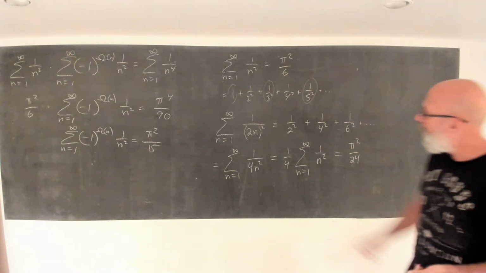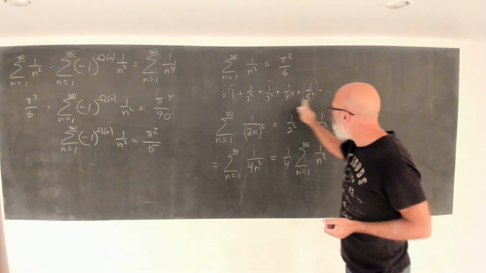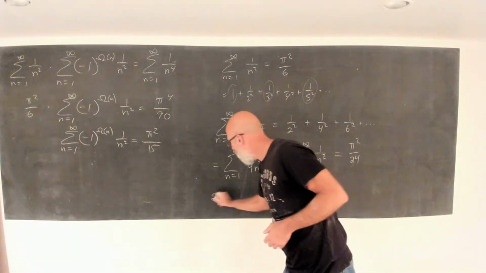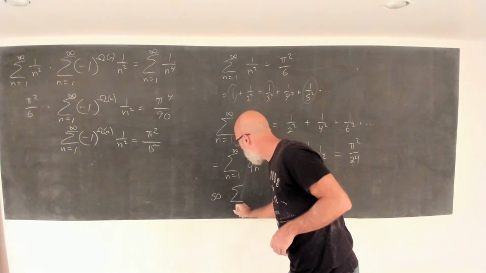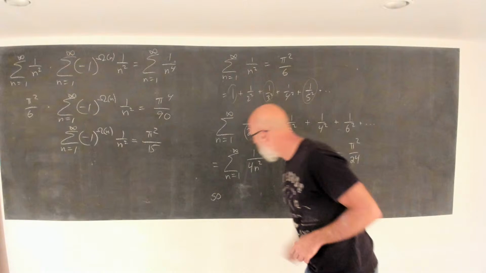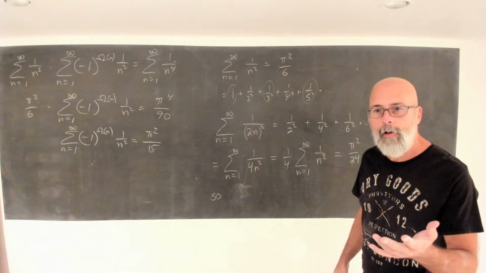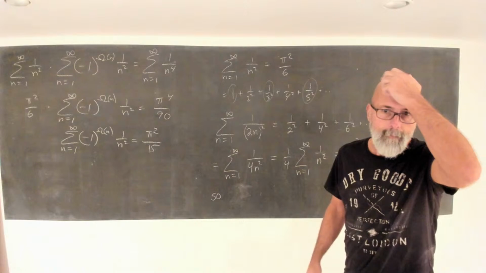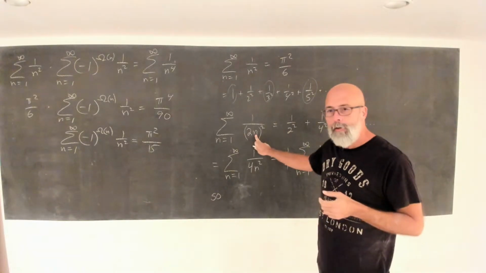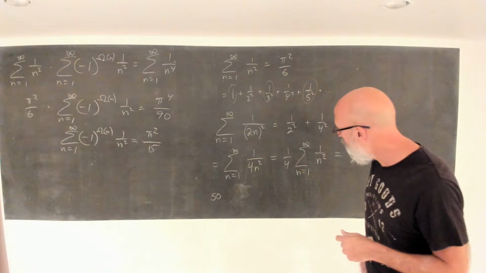And consequently, the odds, and how do we represent an odd number? What do odd numbers all look like? Even numbers, 2n. Odd numbers, 2n plus 1. Exactly.